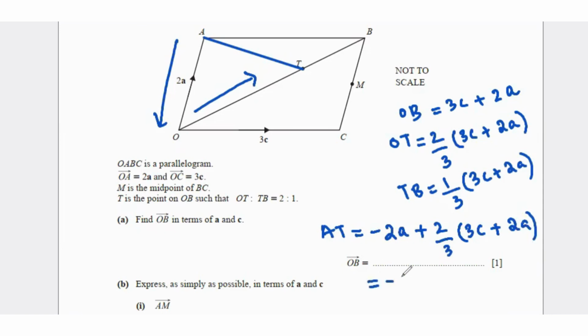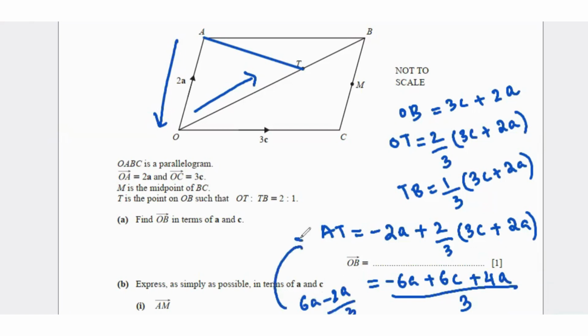We simplify that, that's going to be (-6A plus 6C plus 4A) over 3, which can be written as (6C minus 2A) over 3. That is AT.